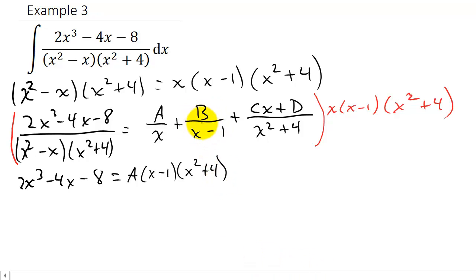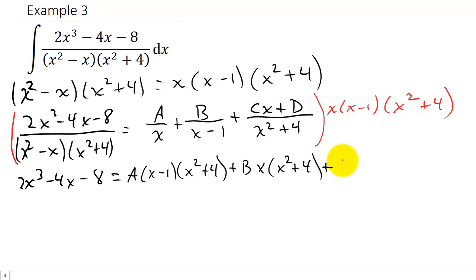And then I multiply this term times the common denominator. The x minus 1's cancel. So I'm left with bx times x squared plus 4. And then when I multiply the common denominator times this term, I'm left with x and x minus 1.